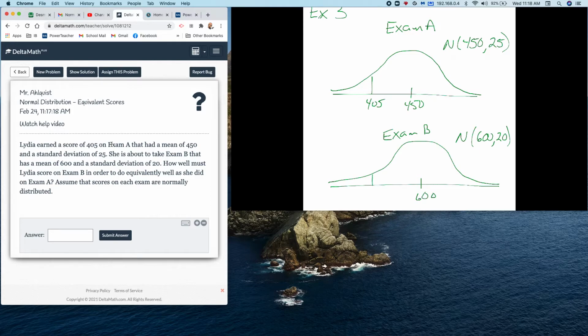We want to know what score we need to get so that this area is the same as this area. Okay, so here's the way we're going to do it. We're going to figure out what this area is first, and then do a little bit of guess and check on here.